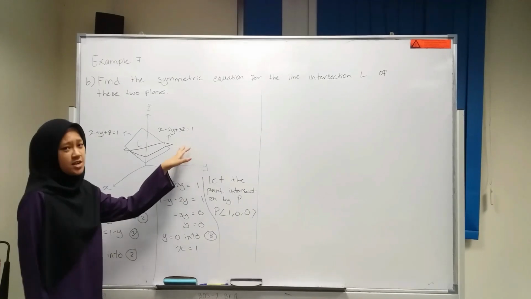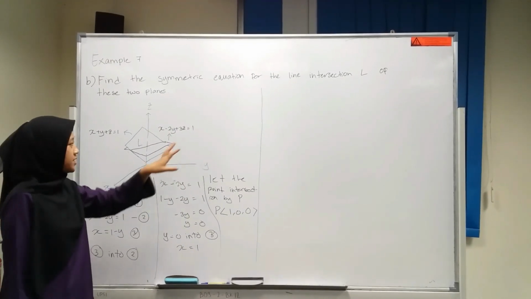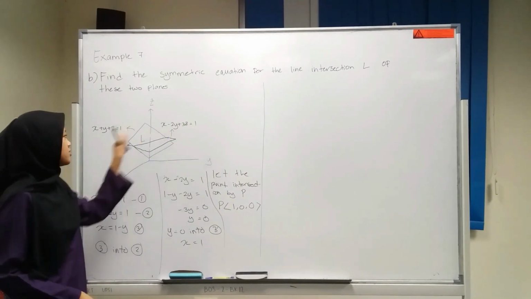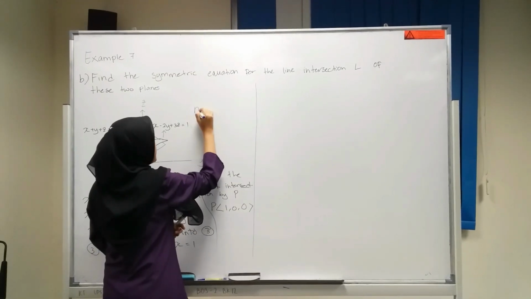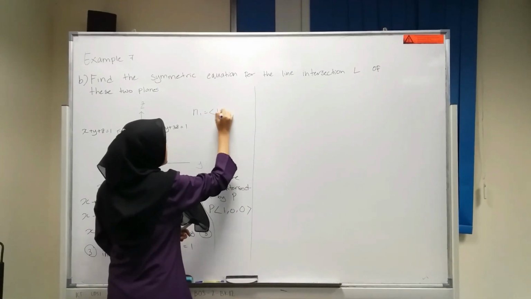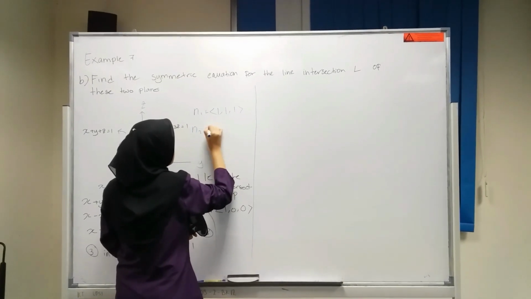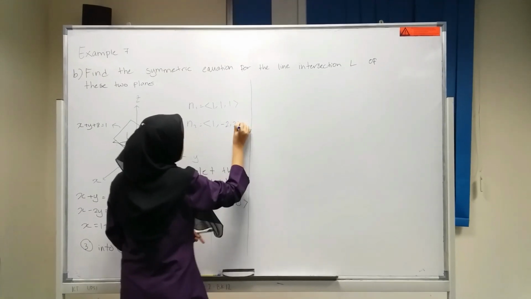We have two normal vectors from these two equations: normal vector 1 is equal to (1, 1, 1), and normal vector 2 is equal to (1, -2, 3).